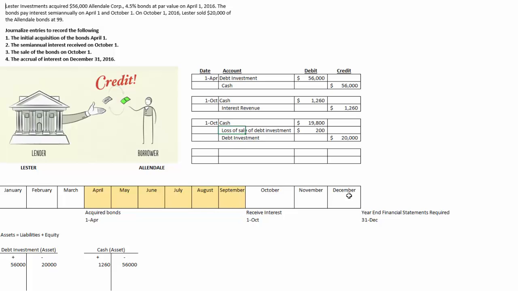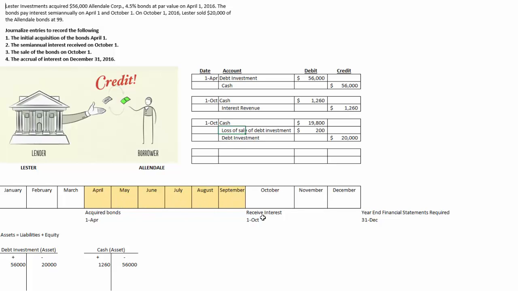Now 3 more months passed, and it's the end of the year, and we know at the end of the year we have to create all the required financial statements for the investors. It would be a balance sheet, an income statement, statement of cash flows. And so when we create those financial statements, we have to make sure we have the right amount of interest income. Remember, we're the lender here. In our income statement right now, we only have these 6 months' worth of interest income.